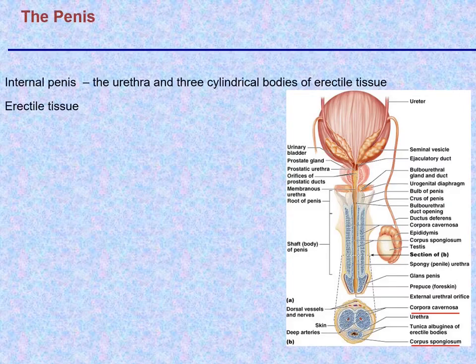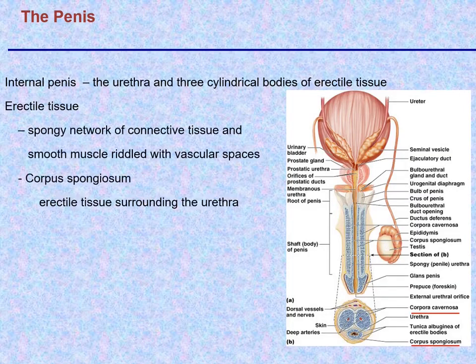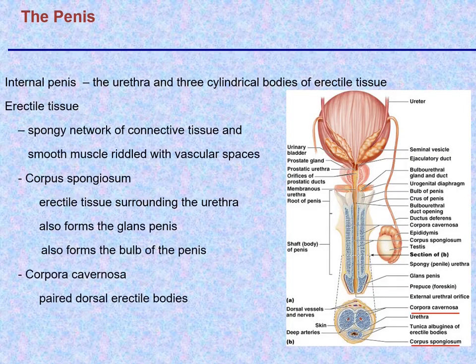Now, the penis itself has a sort of unusual structure in terms of the fact that it has erectile tissue in it. This erectile tissue, well, it also, of course, contains the spongy urethra right down the middle here. I don't know if you can see the highlighter here. Let's go for this.